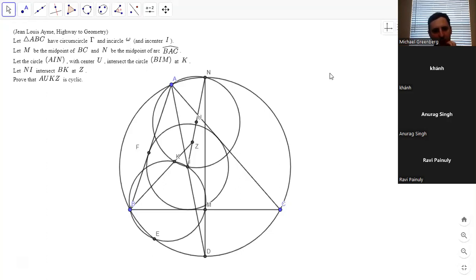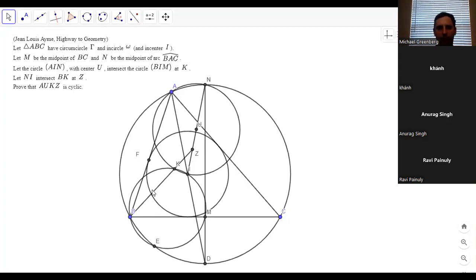Yeah, maybe we could redefine a bunch of things. So what if we let K be the intersection of IF with this circle? And then we try to show, how would that work? So we have to show angle KIZ is 90. Well, KAZ is, so NK is parallel to AB.